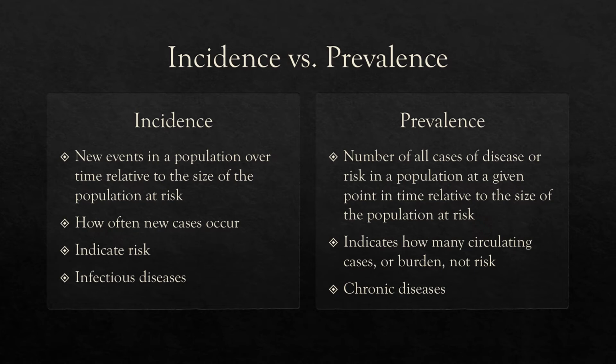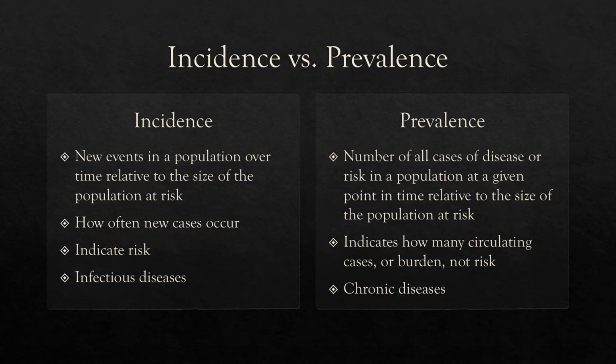What you do have to understand is the difference between incidence and prevalence. So incidence represents new events in a population over time relative to the size of the population at risk, whereas prevalence is the number of all cases of disease in a population at a given point in time relative to the size of the population at risk.